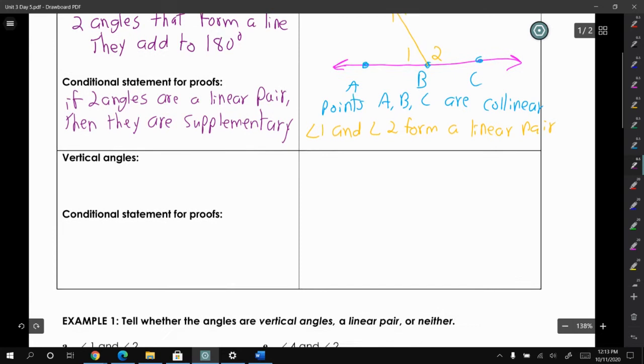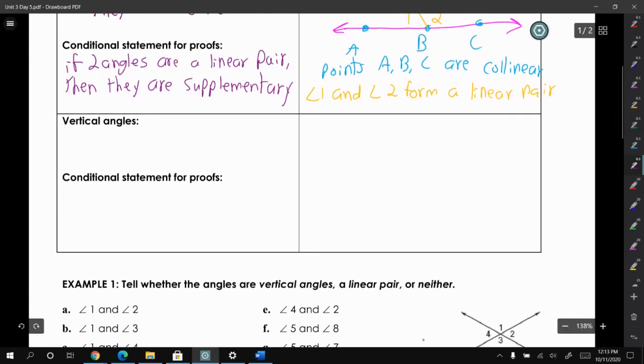And then the next definition is vertical angles. So they are two angles opposite one another at intersecting lines.